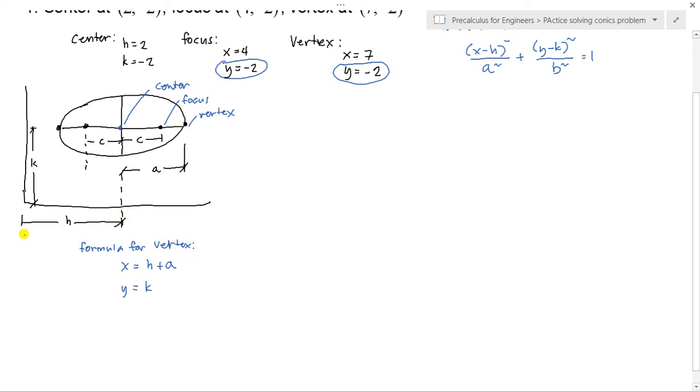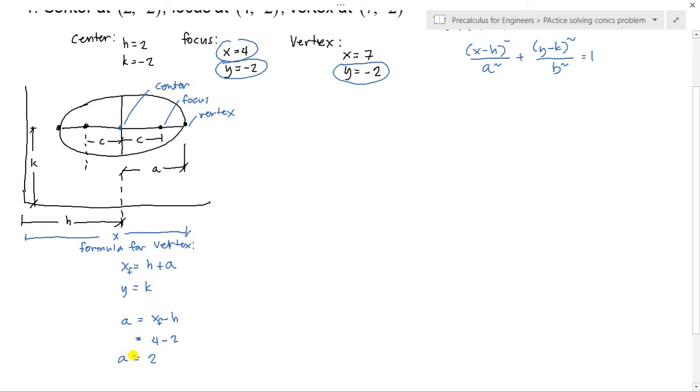So a is equal to x minus h, where x is the x of the focus, xf. 4 minus h, which is 2, so that is equal to 2.